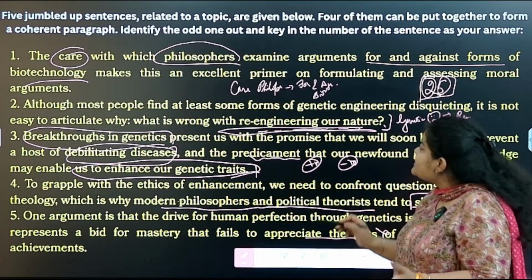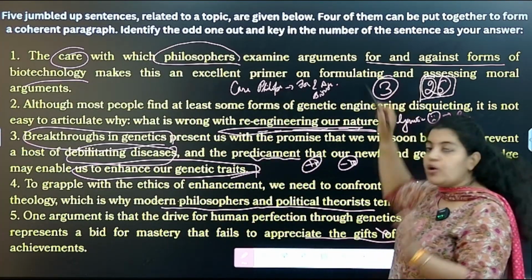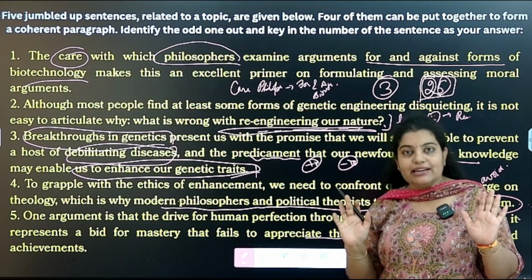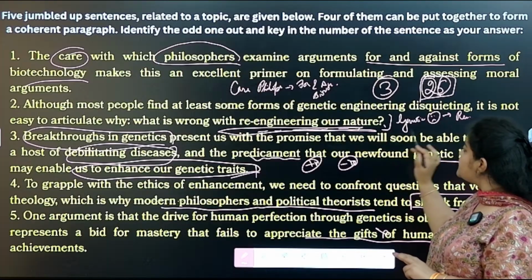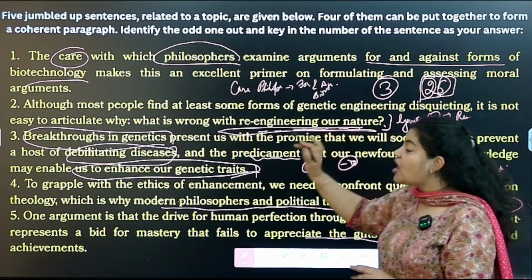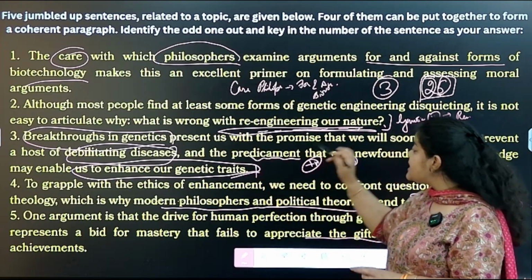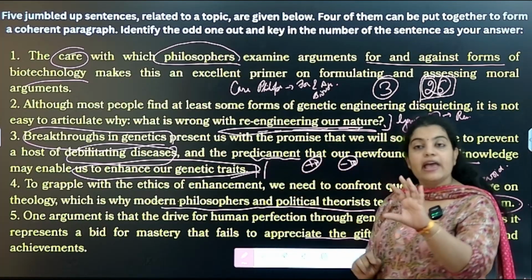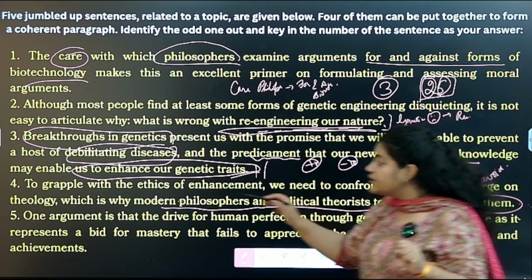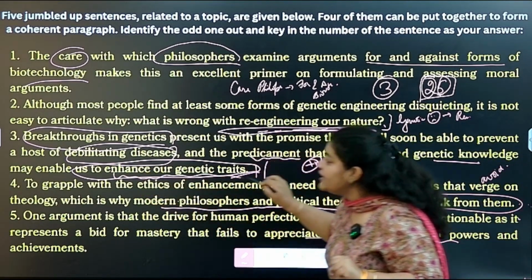Okay, so can we see that the 3 looks more like an opening sentence, a very general sentence? So it says that breakthroughs in genetics will present us with the promise that we will soon be able to prevent a host of debilitating diseases, and the predicament that our newfound genetic knowledge may enable us to enhance our genetic traits. So this is talking about enhancing our genetic traits.